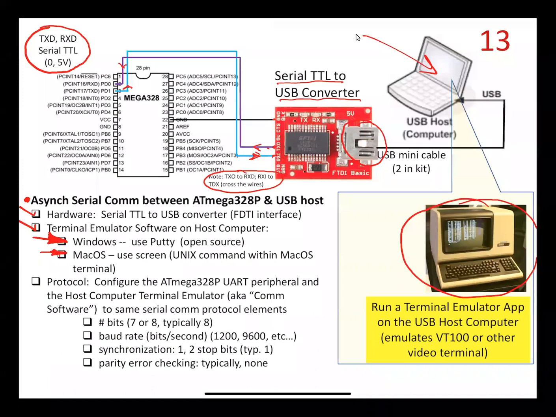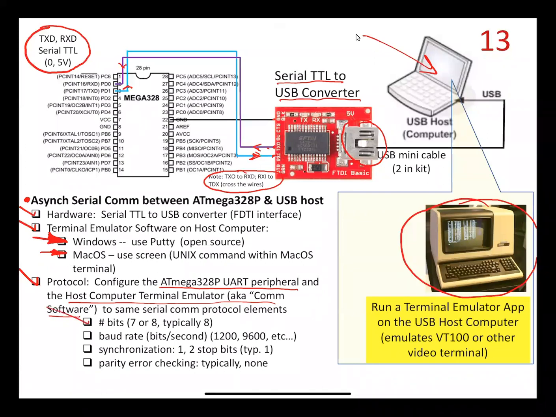So we have to configure both our chip, that's the peripheral on the chip, and what we call the COM software. That's the terminal emulator on our host computer, right? That's the piece of code that makes it look like a dumb VT100-era terminal, okay? And you have to set them both up to the same protocol so that one can transmit data and the other one can make sense of it.